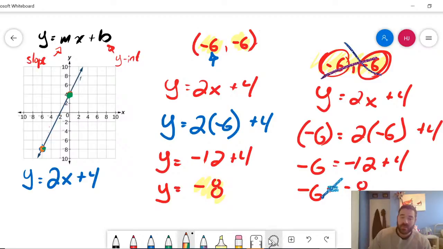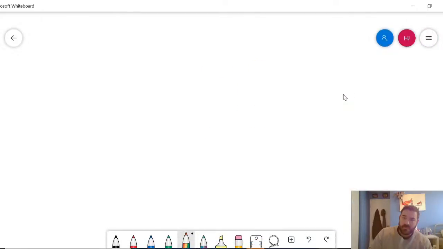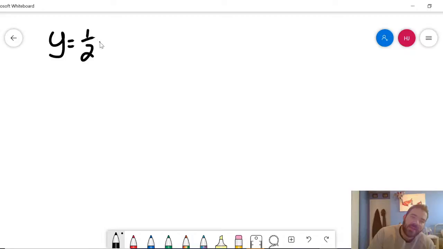We can also find points that do lie on the line using a table of values. So let's pick another equation. Let's say y is equal to 1/2 x minus 2. And let's say I want you to find some points on the line. I want to know some of the coordinates that exist.